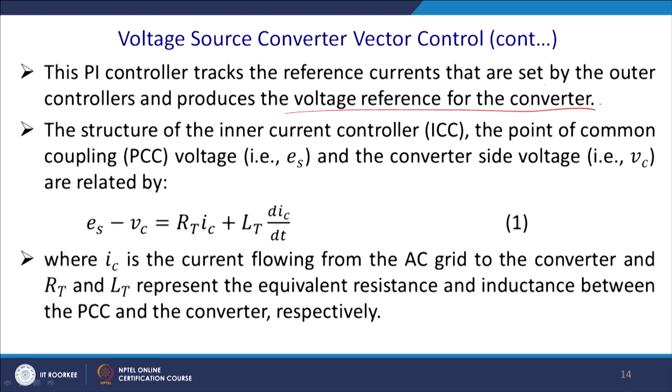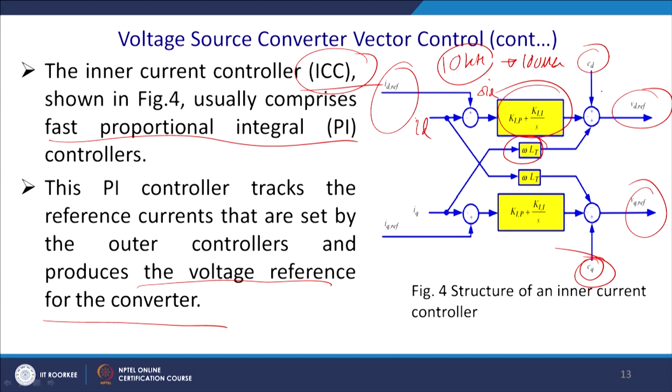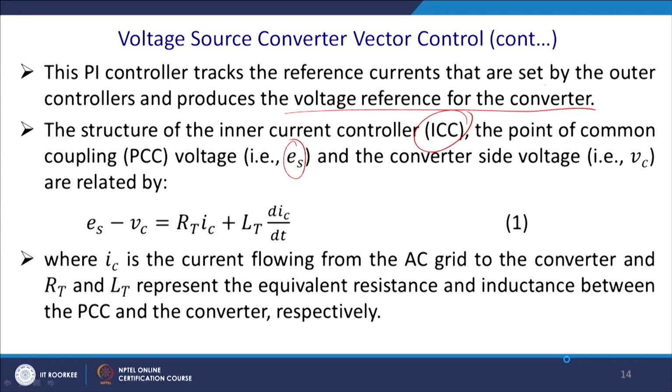So, in the structure of the inner current controller, ICC, at the point of common coupling, that voltage we will represent in the ABC frame as Es, and in the DQ frame as Ed and Eq, and the converter voltage as Vc.